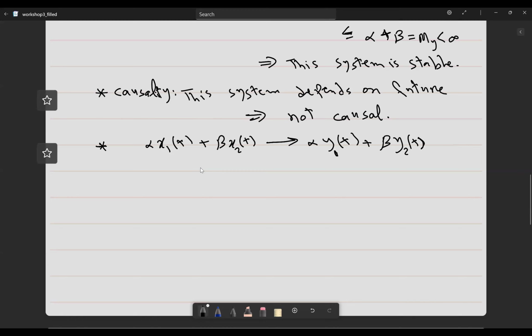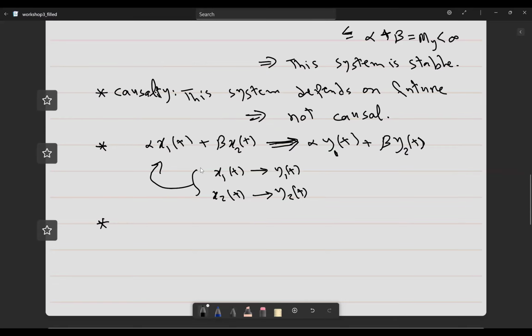So x1(t) will give me y1(t), x2(t) gives me y2(t), and then if I do this linear combination of x1 and x2, the output will be a linear combination of y1 and y2. So if this property is satisfied, then this system is linear.